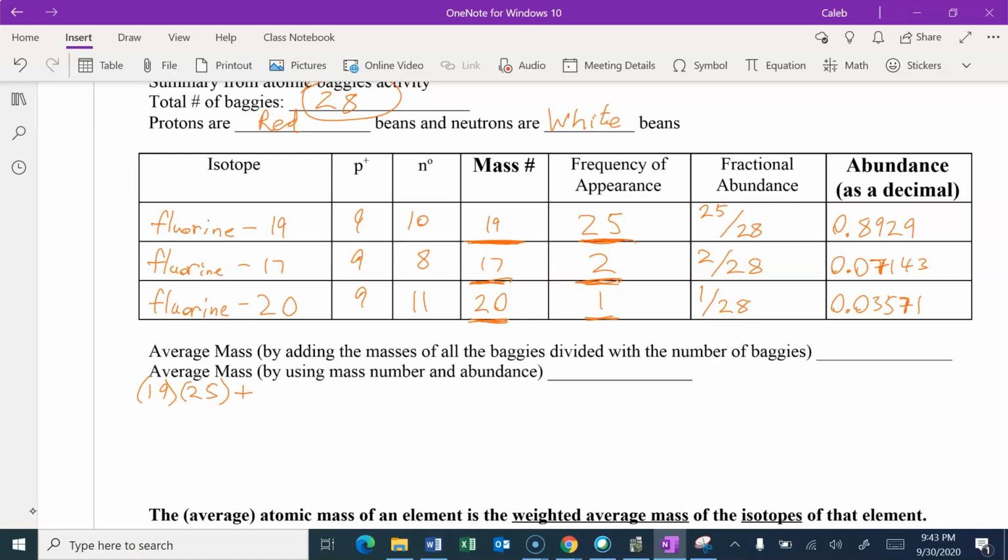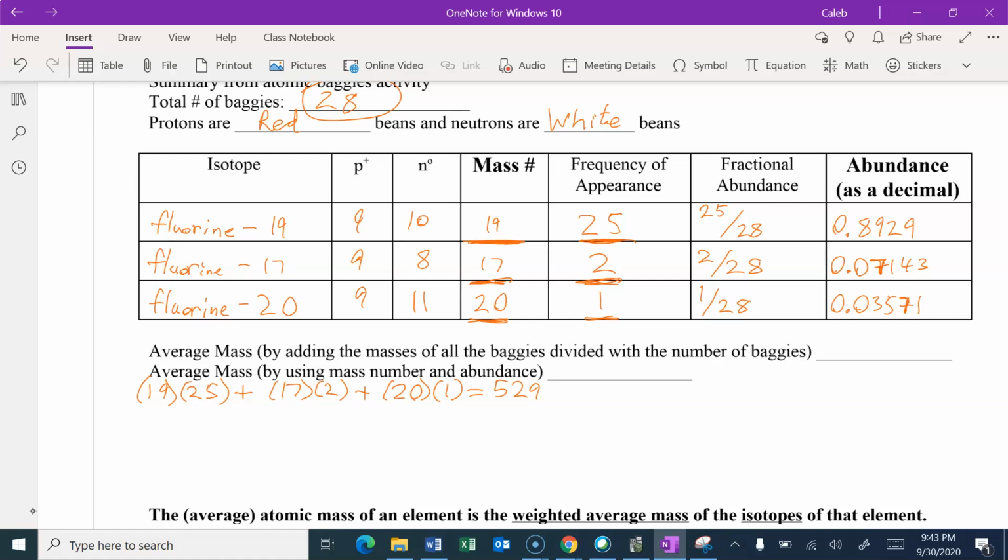Plus 17 times 2, plus 20 times 1, equals, when you add that all up, 529. If you just put that in a calculator, you'll get 529. That's the total mass of all of them together.